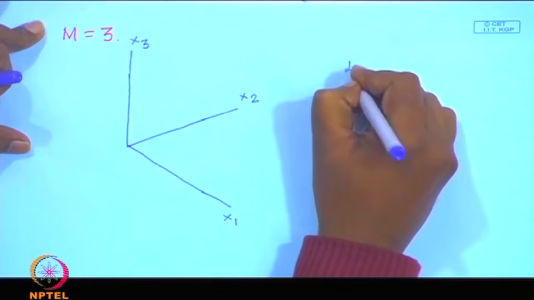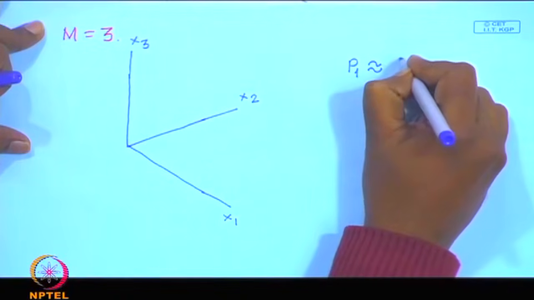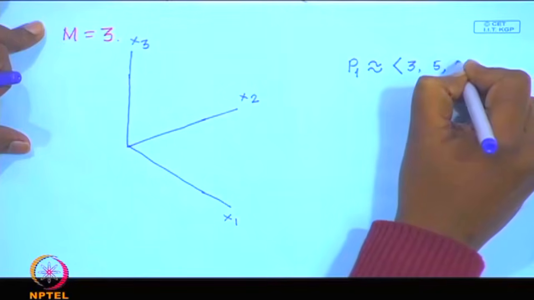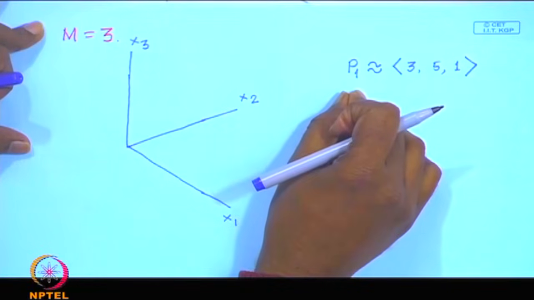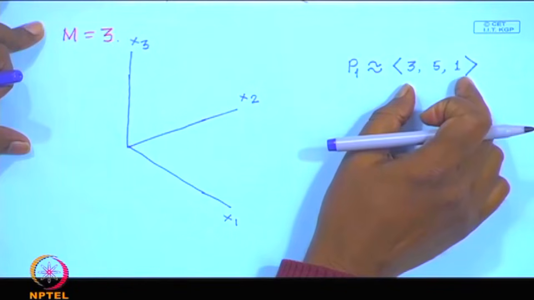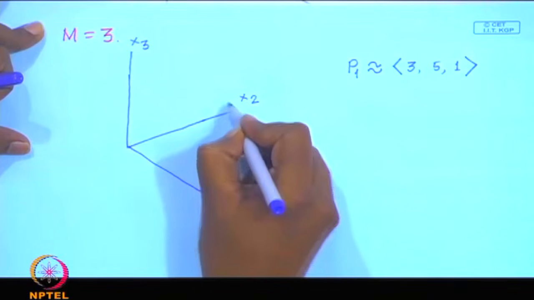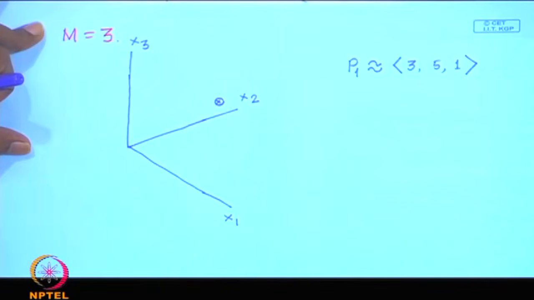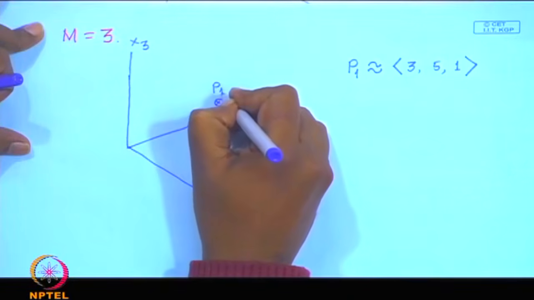A pattern P 1 will be represented by a vector, say something like 3, 5, 1, which is the feature vector corresponding to pattern P 1. This 3 dimensional feature vector is nothing but a point in my 3 dimensional space, which may be somewhere over here. So, this is the feature vector corresponding to my pattern P 1.